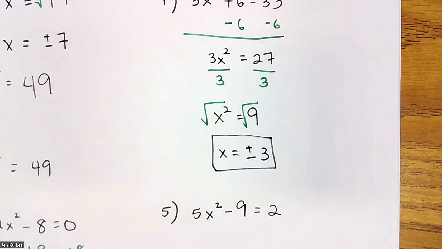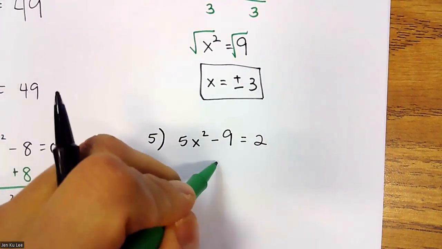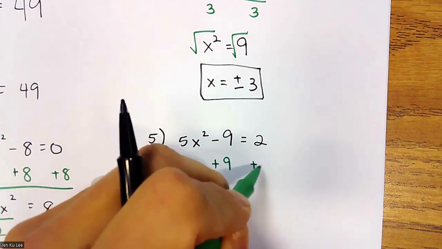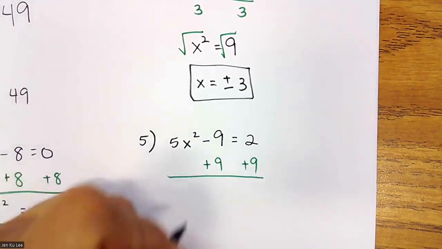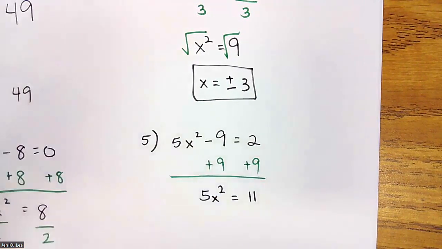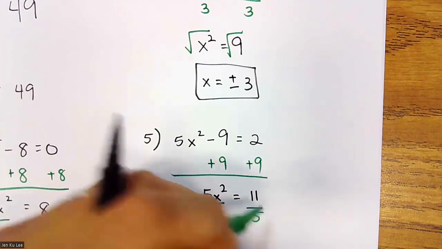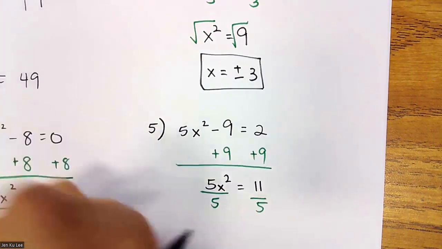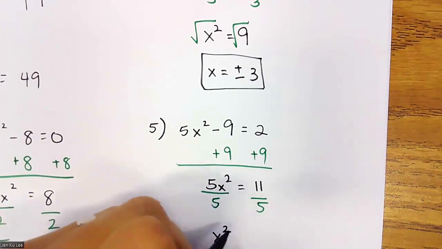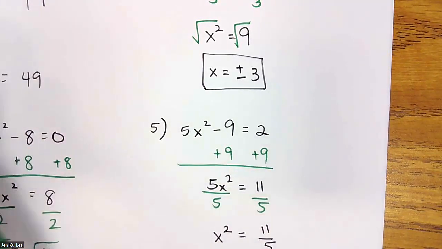Here on number 5, we've got to add 9 to both sides. So 5x squared equals 11. Divide by 5, divide by 5. x squared equals 11/5.